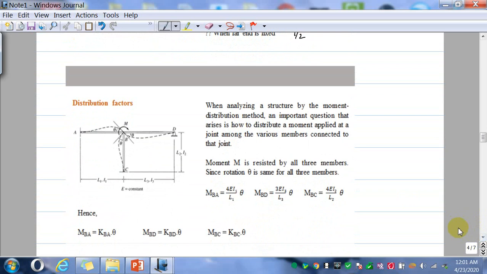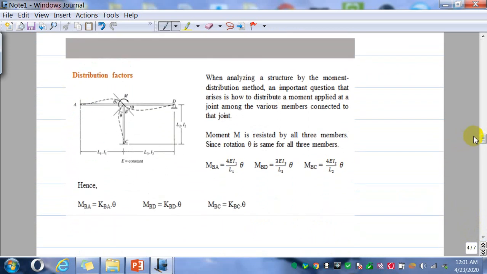Then we come to something called the distribution factor. This is again used in the moment distribution method, as you can hear from the name of the method. You distribute the moment, or distribute the resistance. When analyzing a structure by the moment distribution method, an important question that arises is how to distribute a moment applied at a joint among the various members connected to that joint.